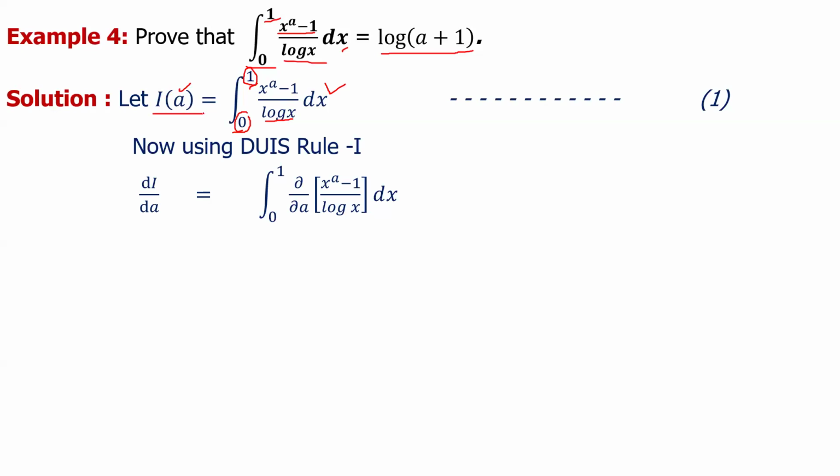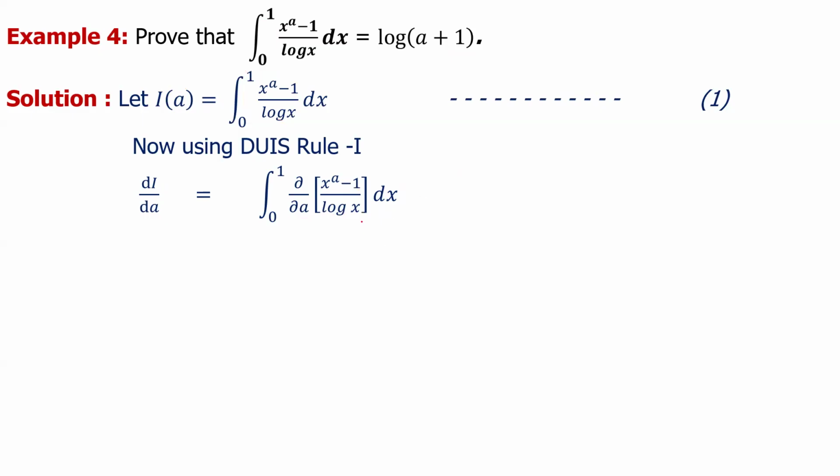So the derivative of I of a, which is given by dI upon da, is equal to, now we have to differentiate this using the integral sign DUIS. So it gives us the integration under the limit 0 to 1 of the partial derivative of x to the power a minus 1 upon log x with respect to a, whole dx.